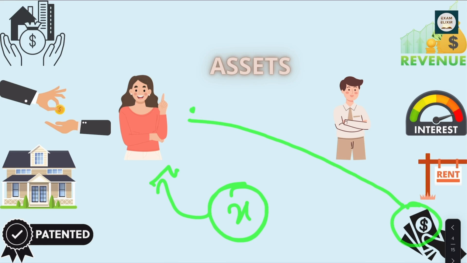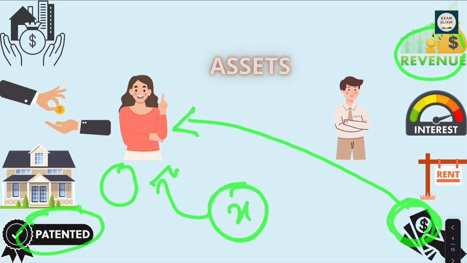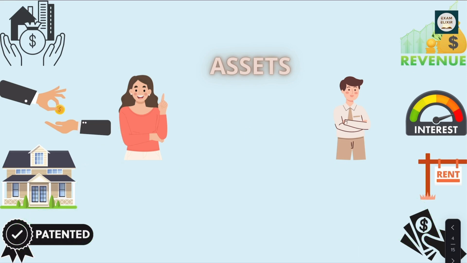And this is called as royalty. Basically her patent is earning her royalty, that is revenue. Hence this patent is an asset to this lady, right? And what type of asset is this patent? Intangible asset. So this is what the first quality of asset, that assets generate revenue. So if you see anything which is generating revenue, you can call that as an asset.